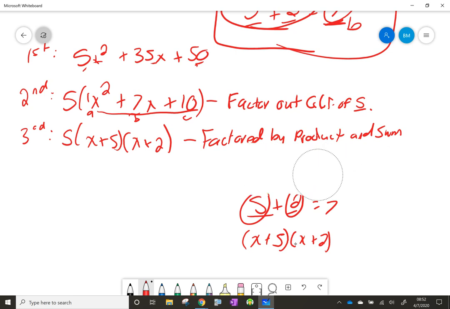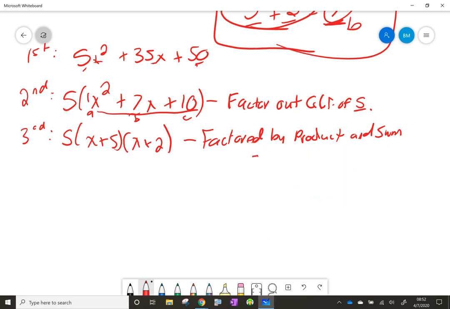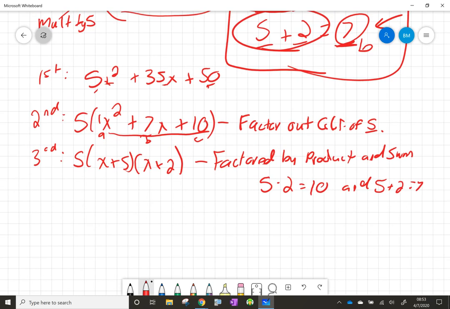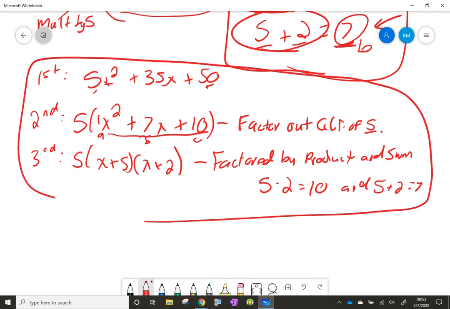And then you could be more specific in your explanation, to say that I did that because I knew 5 times 2 equaled 10, and 5 plus 2 equaled 7. And that's how your answer would look online when you type in your answer in the quiz.